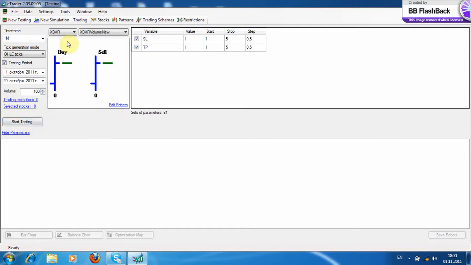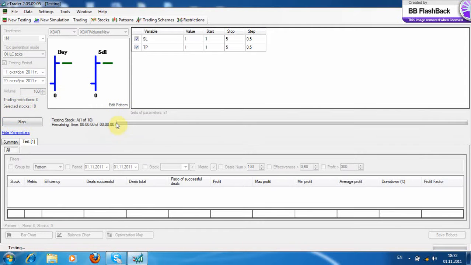This pattern that we're going to see is called the X bar, and it's initiated when a stock falls a lot, and at a certain moment of time a big volume occurs, and it might indicate a potential reversal on the stock.